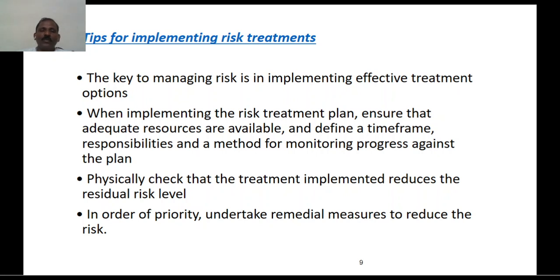So, who should be made responsible for such a treatment? Physically check that the treatment implemented reduces the residual risk level. In order of priority, undertake remedial measures to reduce the risk. So these are certain tips to be followed for the better treatment of risk.